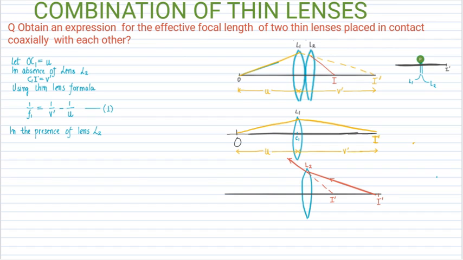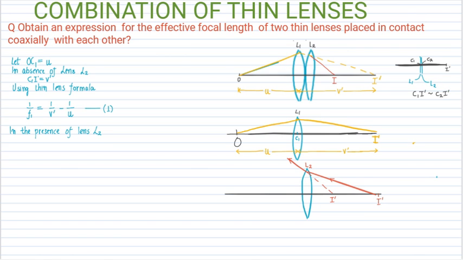Suppose this point is the center of curvature C1. This point is the center of curvature C2. Now, can you see from this figure? Your C1 I dash is approximately equal to C2 I dash.